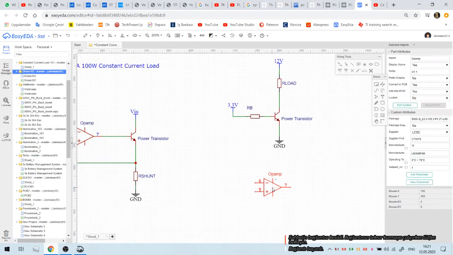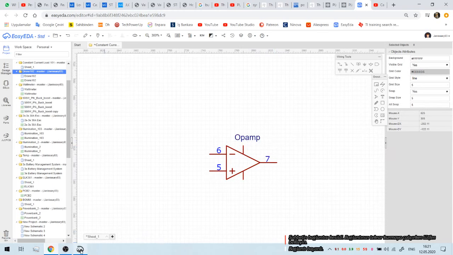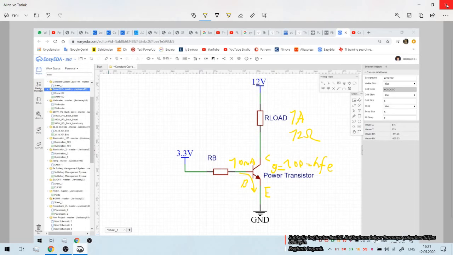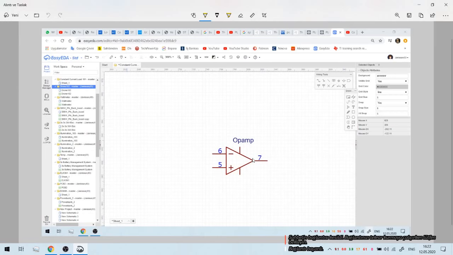Op-amp also works basically, yes. Op-amp has an in plus terminal and an in minus terminal. Also output.